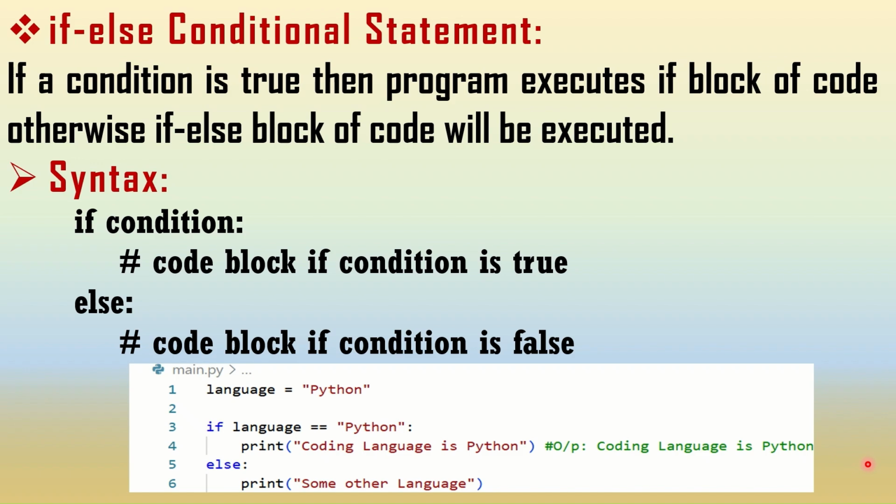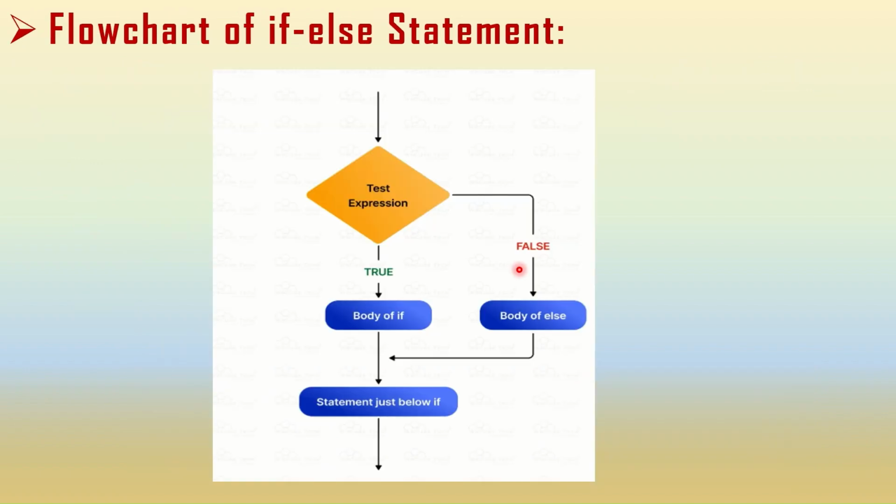Now let's see the flow chart of this if-else conditional statement. In every conditional statement, first of all, the test expression will be checked, because that is the one that controls the flow of the program. So here also, initially the test expression will be checked. Whenever the test expression becomes true, the body of the if block statements is executed, and then whatever statements are below the if statement will be executed.